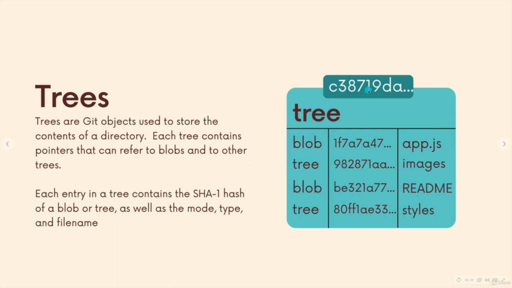So the tree itself contains, it's not an actual table like you see here, but inside of it, it stores a bunch of entries, references to blobs and to other trees. Each one has a name, and each one has a hash, a blob hash or a tree hash. And each tree, as we've seen, has a hash. And that's all I'll say for now about it. I know it's getting kind of complicated, but this is hopefully all going to come together soon.